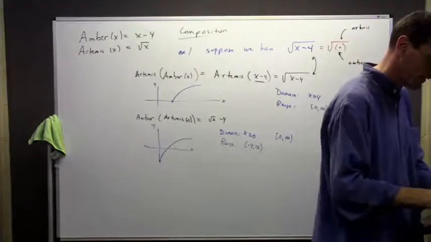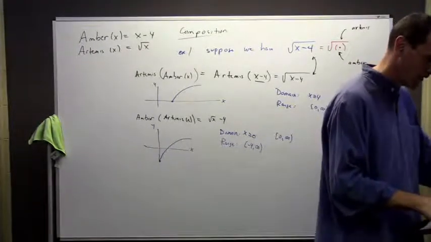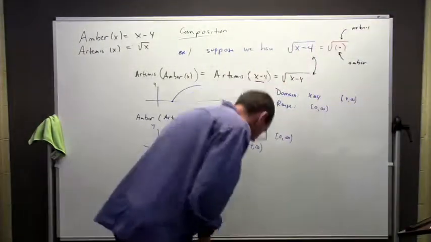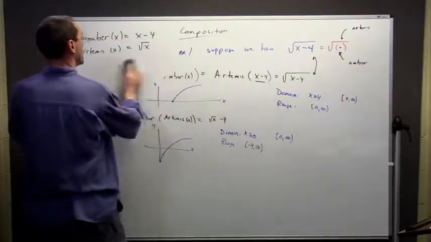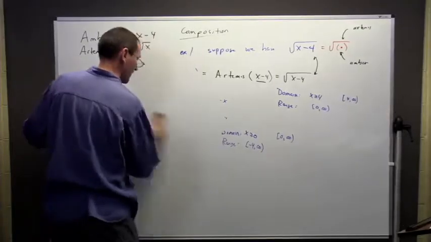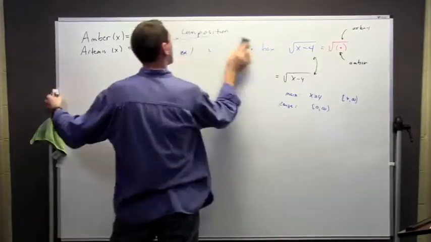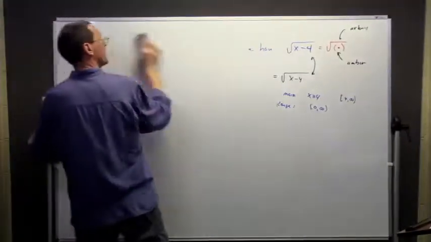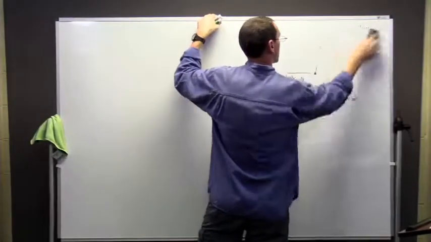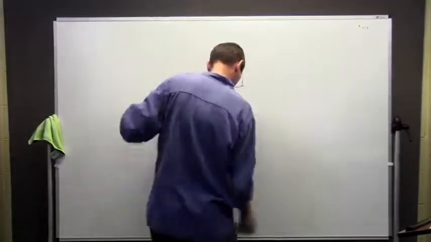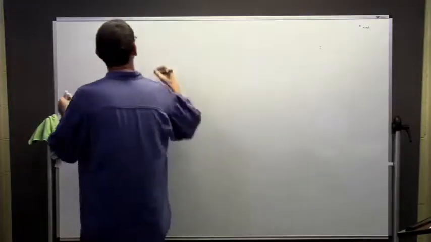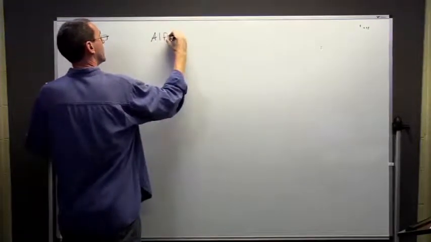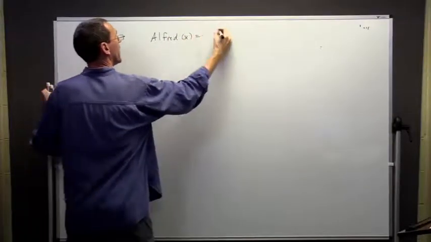Let me do one more example. So we'll go backwards this time. I'm going to start with a function and then try to find or define new functions that I can write as compositions to get this new function. Okay. So what do I have? I have a function I'm going to call Alfred.